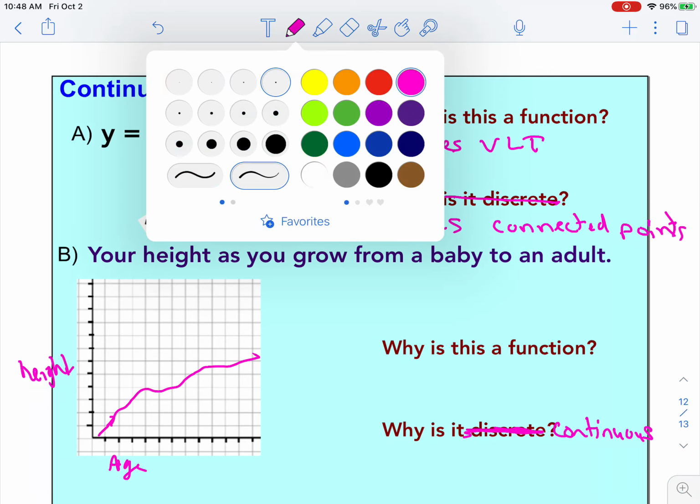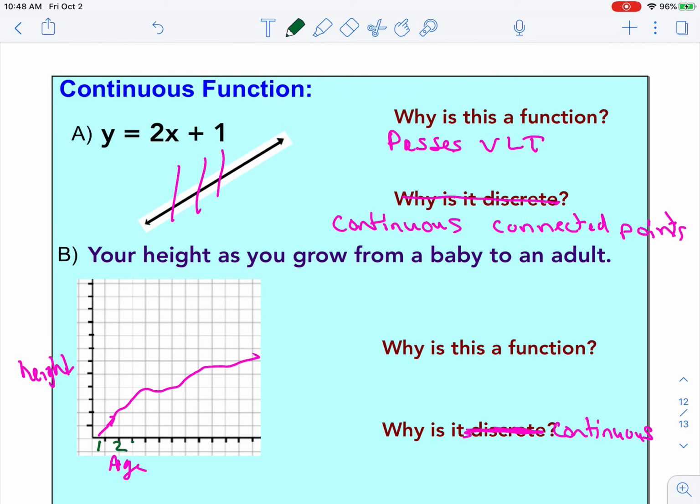So if this is 1 year, 2 years, 3 years, you don't just jump up from age 2 to 3 like a half a foot. You grow all those other increments in between, and that's why it's measurable rather than counting it.